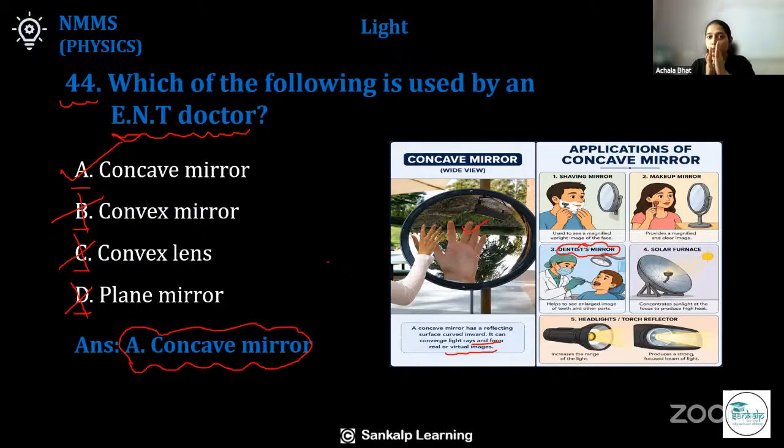If the object is placed near the mirror, then the image formed is virtual. If it is placed away from the mirror, then the image formed is real. Here, concave mirror is the correct answer.